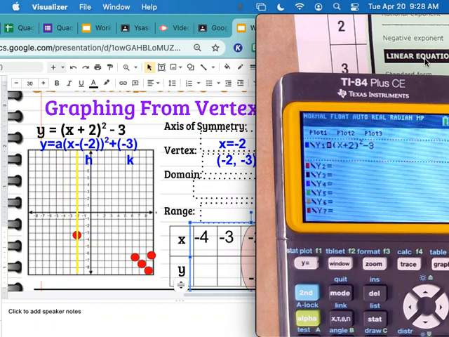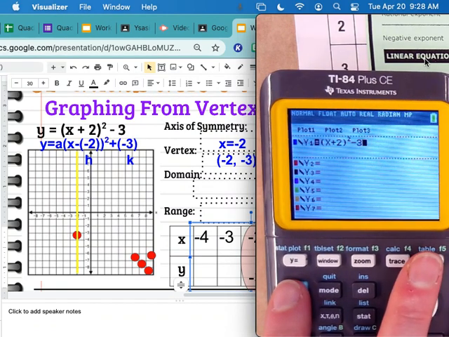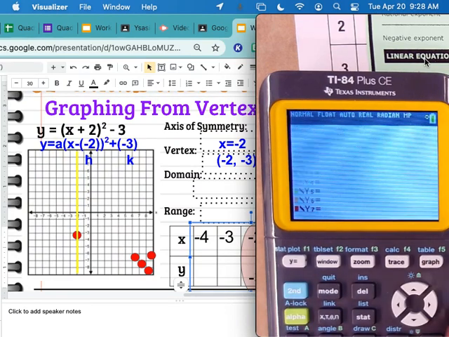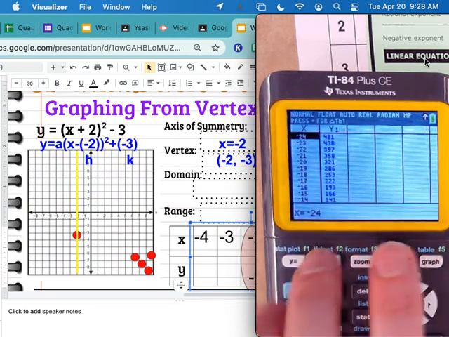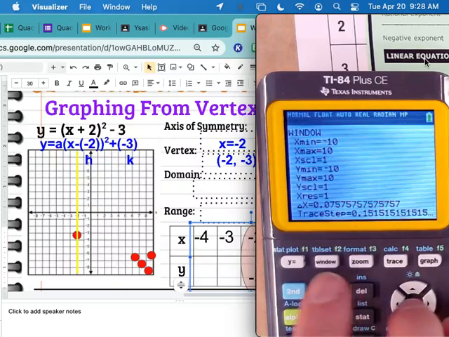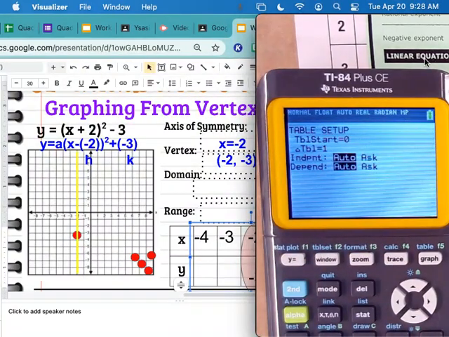I can look at my graph, or I really just want to get those points. I'm going to go straight over to table. So second graph to go to table. If your table looks all crazy like mine, I had an x value at negative 24. You can go to second window. Have your table start at 0 if you want.